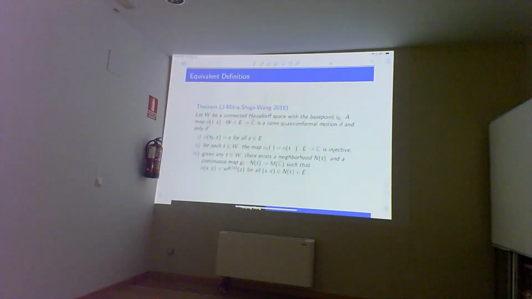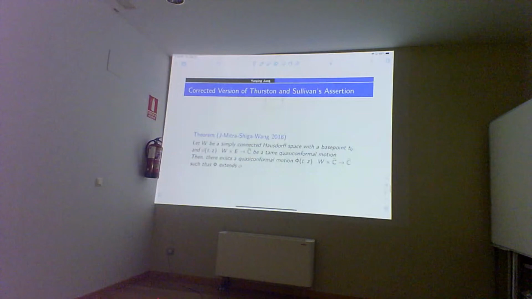So okay, now the correct version of the first statement should be like this. Let W be a simply connected Hausdorff space with a base point t0, and let psi from W cross E be a tame quasi-conformal motion.